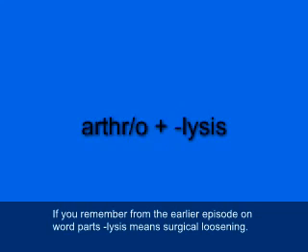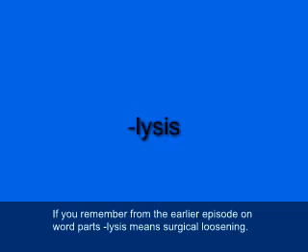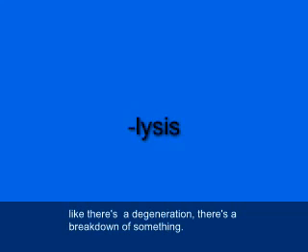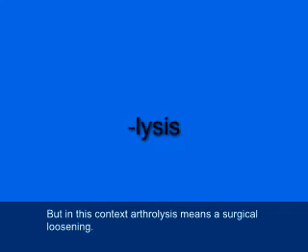If you remember from the earlier episode on word parts, lysis means surgical loosening. And I will tell you it can also mean loosening in a pathological sense, like there's a degeneration, a breakdown of something. But in this context, arthrolysis means a surgical loosening.